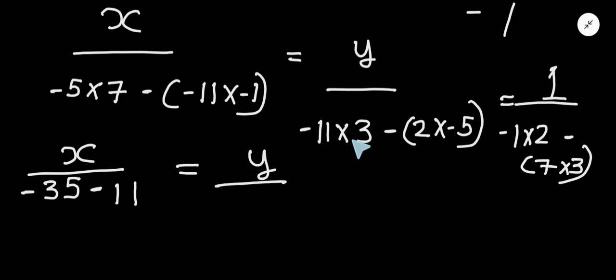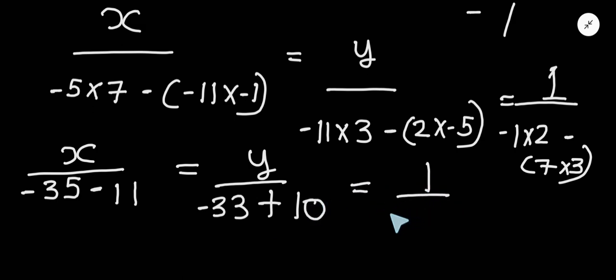Y is equal to minus 11 into 3 minus 33. Here 2 into minus 5 is minus 10, so minus becomes plus 10, is equal to 1 upon minus 2 minus 21.